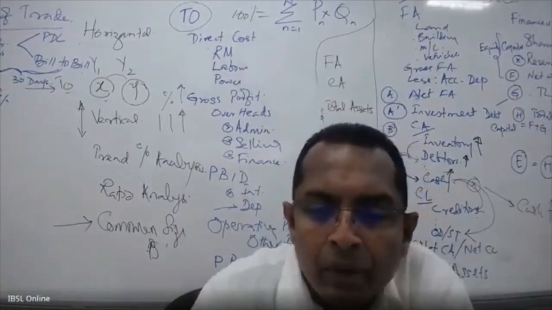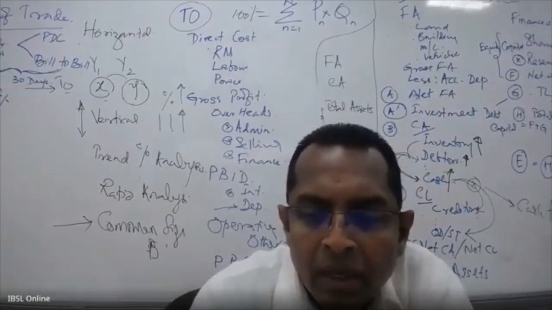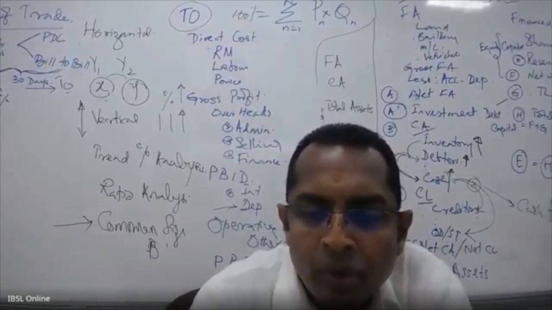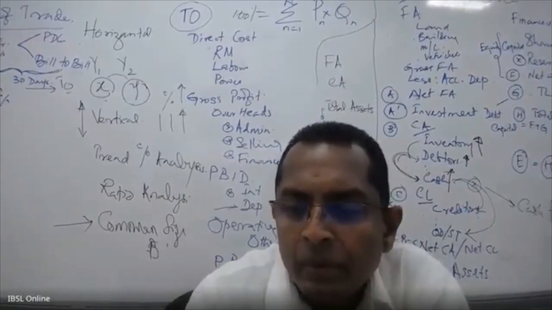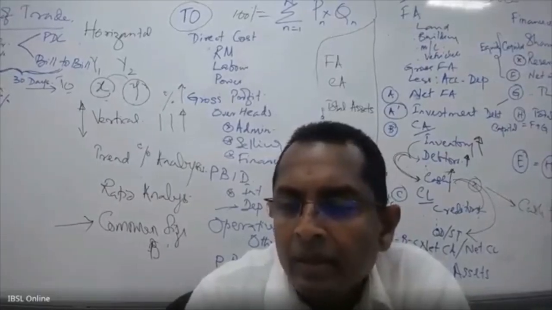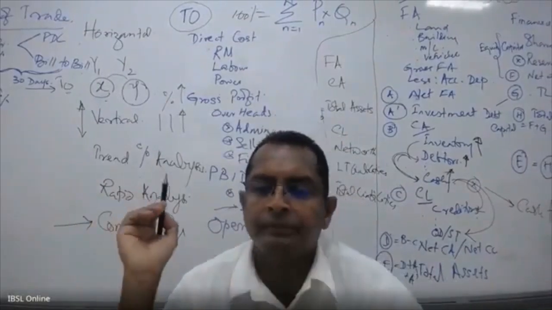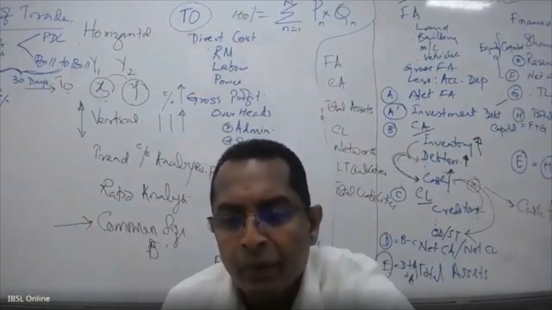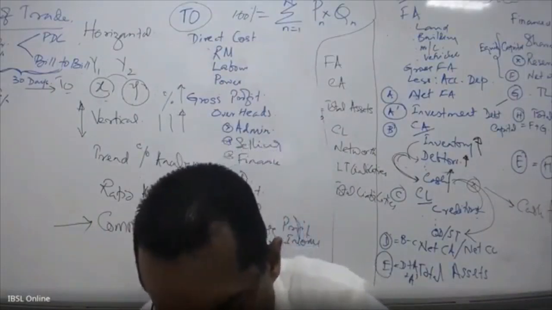That is equal to average inventory divided by cost of sales into 365, which is equal to 60 days, right? The same thing inverted: average inventory goes up, cost of sales comes down, and multiply by 365.